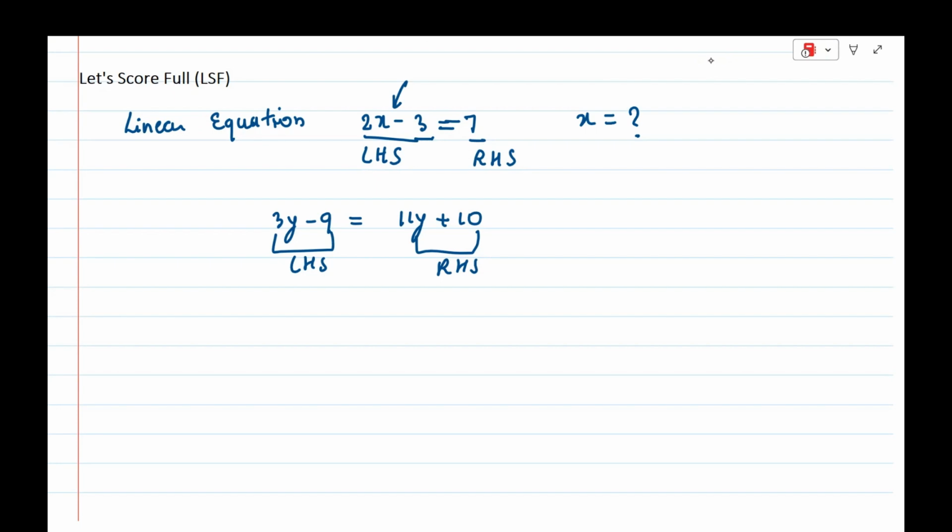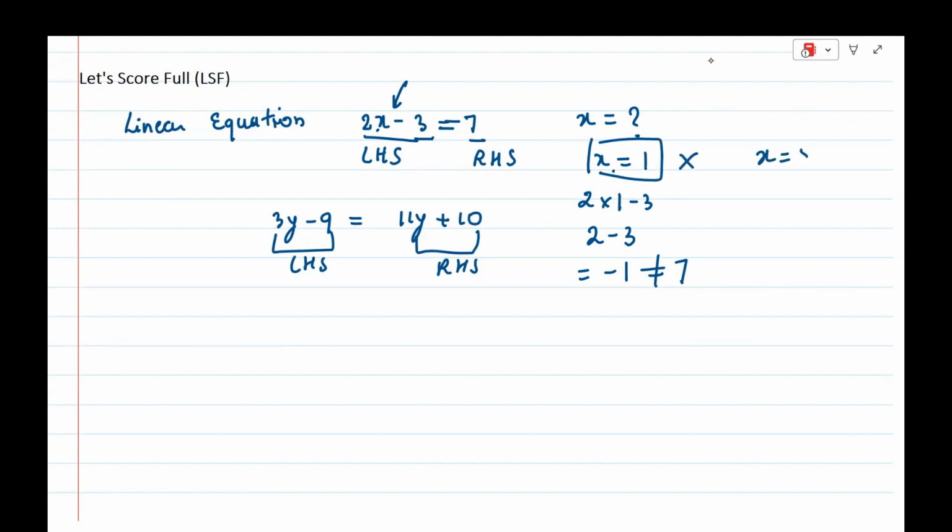So see, if I substitute x is equals to 1, what will happen on left hand side? 2 into 1 minus 3, which is 2 minus 3, which is minus 1. And it is not equal to 7. So x is equals to 1 is not the solution. Take one more example.